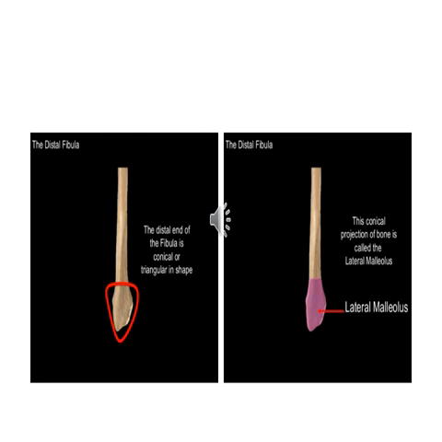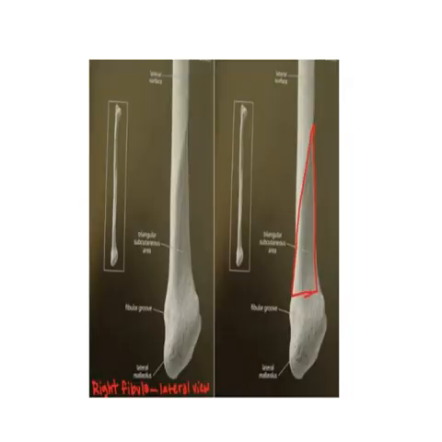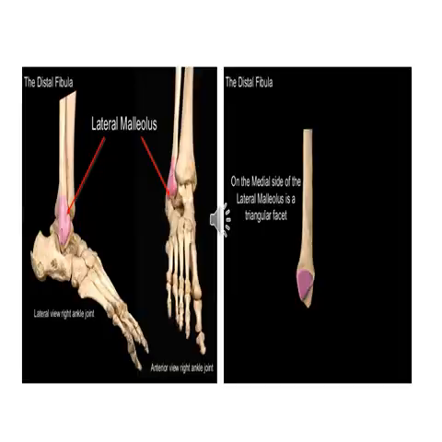This is the distal end of the fibula. There you can see this conical or triangular projection that is known as the lateral malleolus. In this picture, you can see the medial aspect of the lateral malleolus.